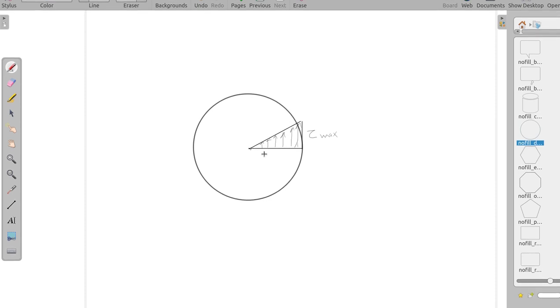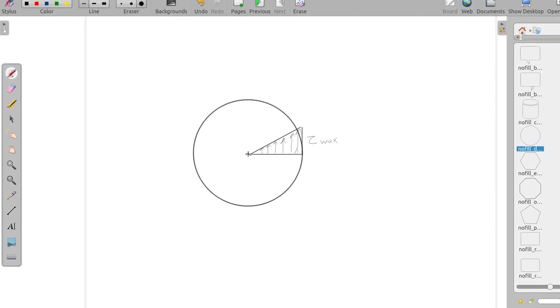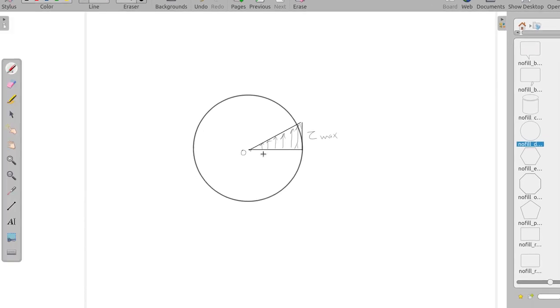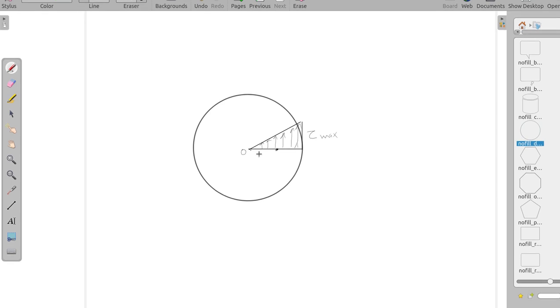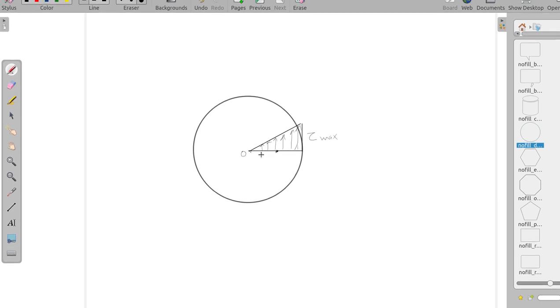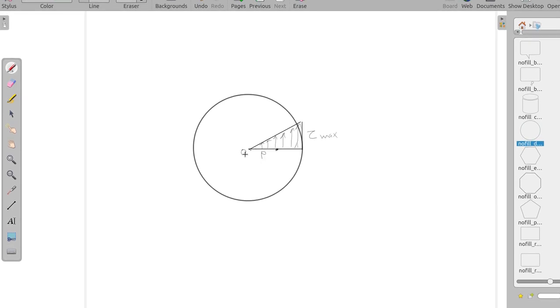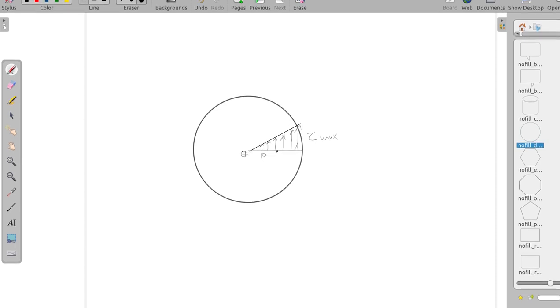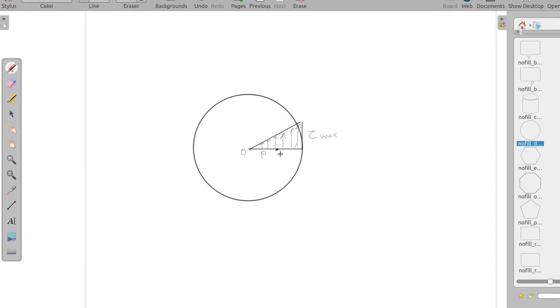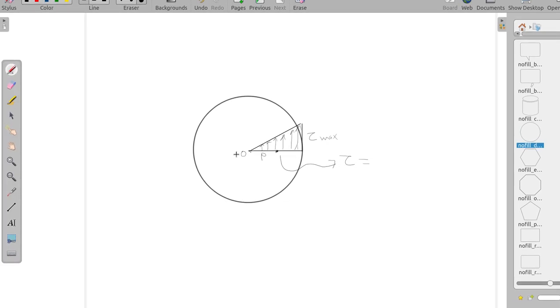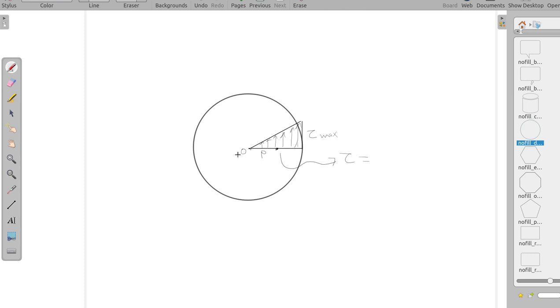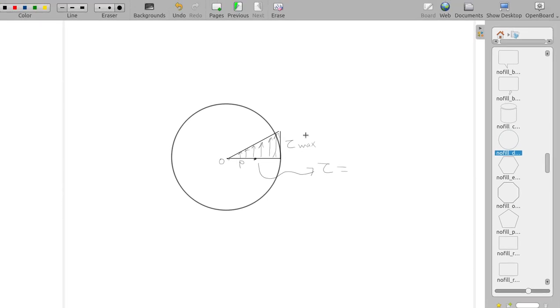So shear stress is 0 here, tau max here. In between, if we choose a point which is at a distance rho from axis, what will be the shear stress at this point? Shear stress is varying from 0 to tau max linearly.